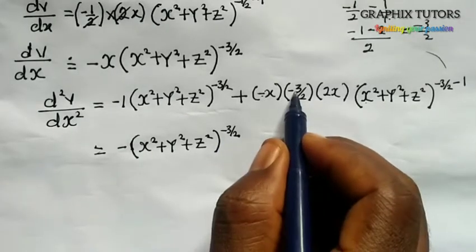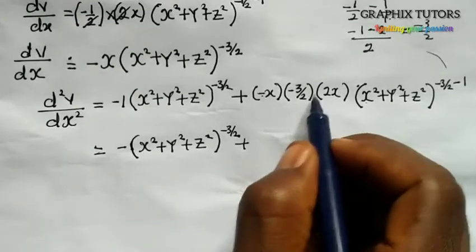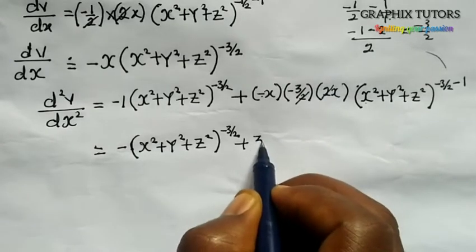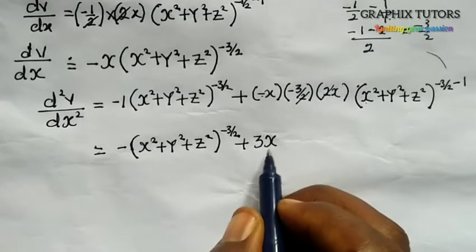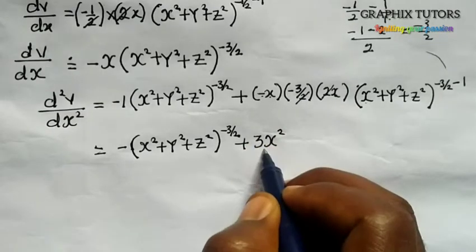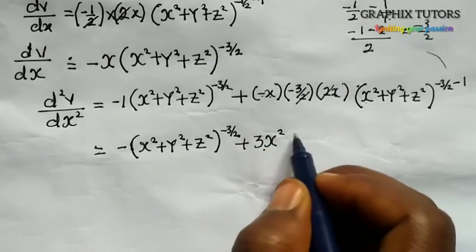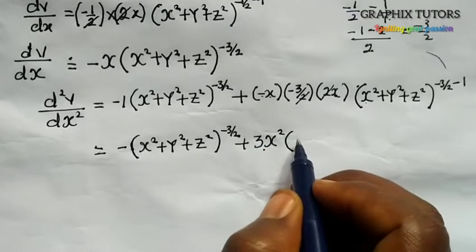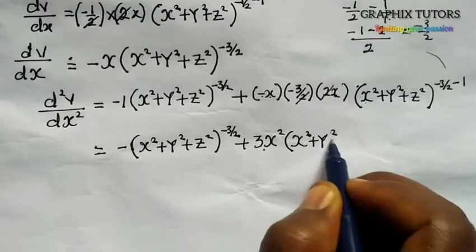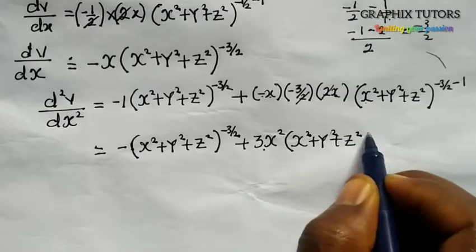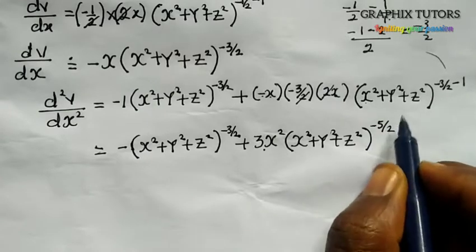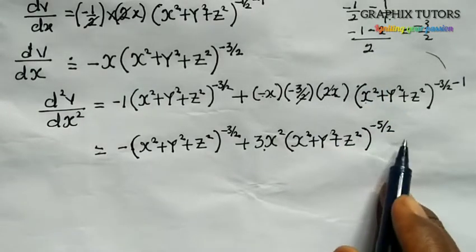Now minus times minus is plus, so we have plus, we have 2 we equate to remain x, so 3 times x will be having what? 3x. 3x what? 3x squared, because x times x is x squared times 3 gives you 3x squared, and minus and minus give you plus. So open bracket, we are going to be having x squared plus y squared plus z squared open bracket minus 3 over 2 minus 1 gives you minus 5 over 2, just like I did this. Same thing we applied there.